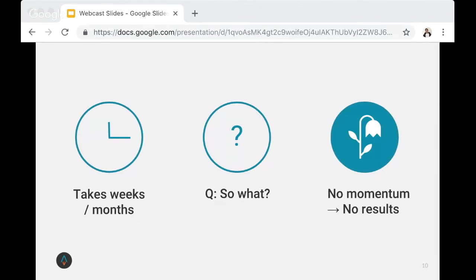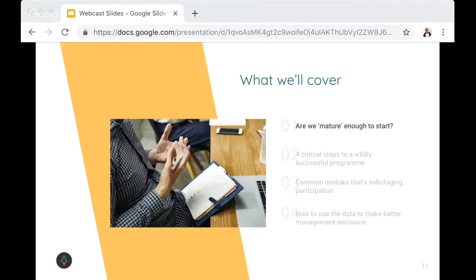So what happens after 3 to 4 years is companies decide, okay, this is not working for us. We should stop doing these surveys until we get our act together. So that obviously is a big challenge, and this is where pulse surveys come in.